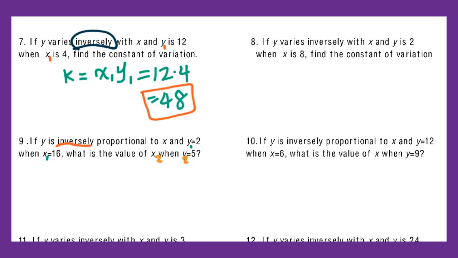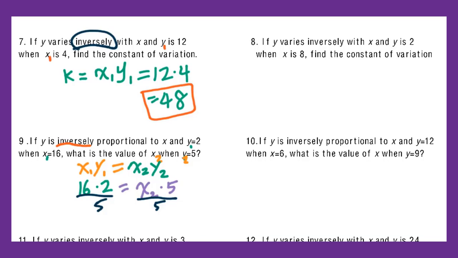Since this is inversely proportional, we know that x1 y1 equals x2 y2. So I plug in 16 times 2 equals x2 times 5. Then I divide by 5 on both sides. x2 equals 32 over 5.